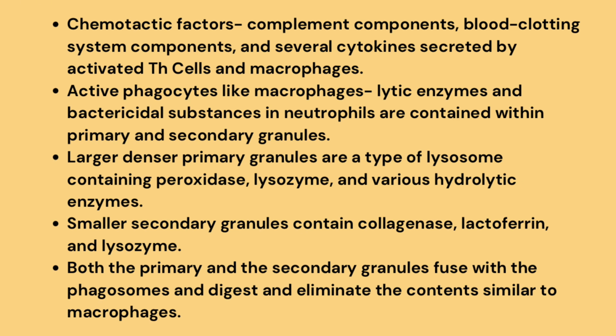Smaller secondary granules contain collagenase, lactoferrin and lysozyme. Both the primary and secondary granules fuse with the phagosome and digest and eliminate the contents similar to macrophages. So they are functioning like macrophages.